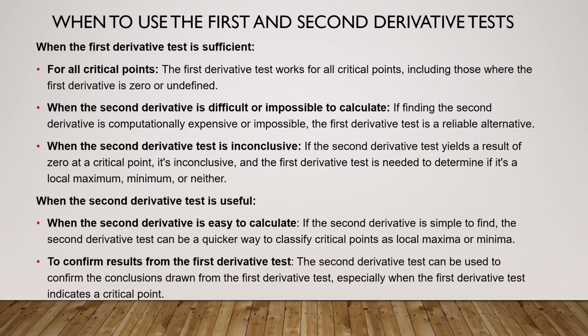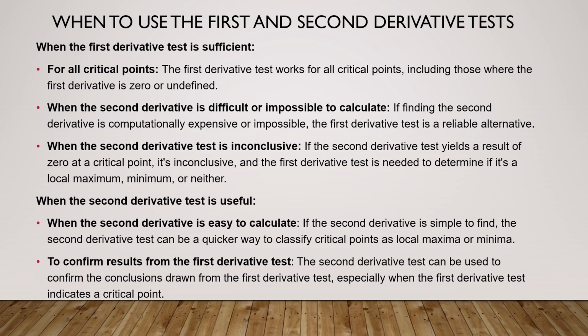So, if finding the second derivative is computationally very expensive, or you can say impossible, the first derivative test is useful. When the second derivative test is inconclusive, that is, if the second derivative is also 0 at the critical point, then you need to apply the first derivative test.